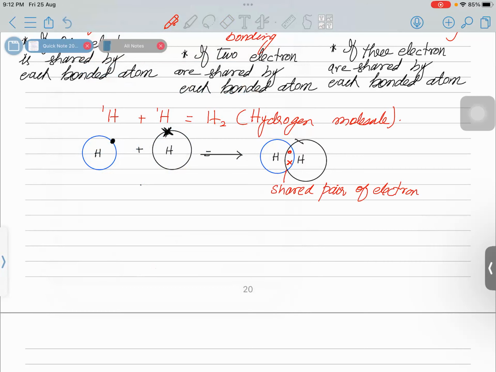Now next is the chlorine atom. Next example is chlorine. Chlorine is 17.